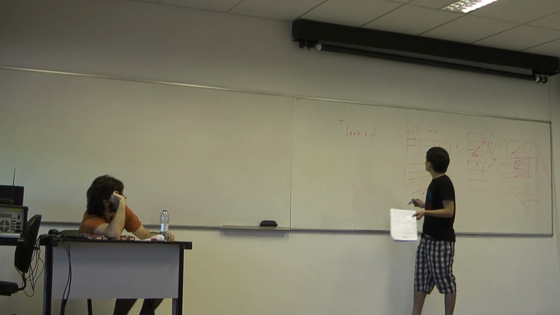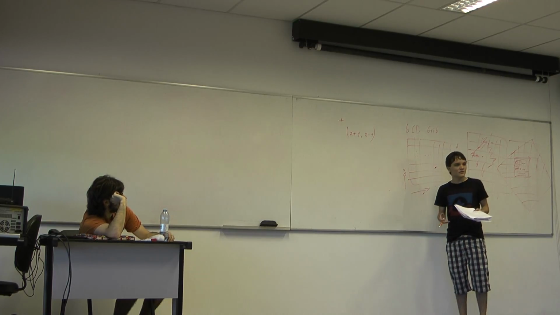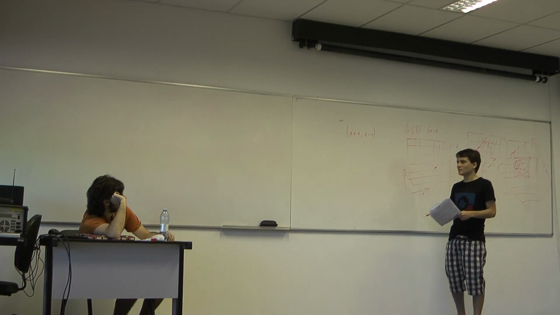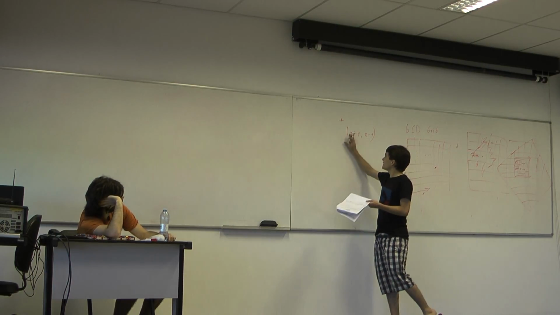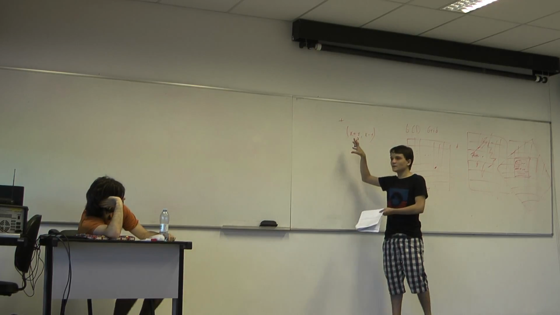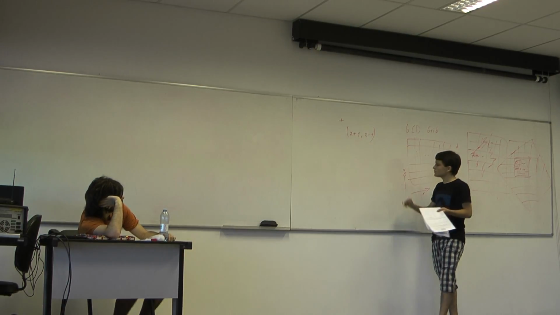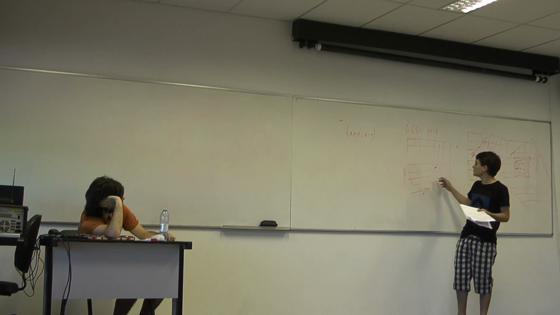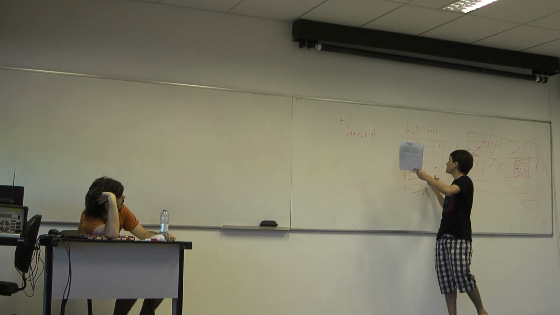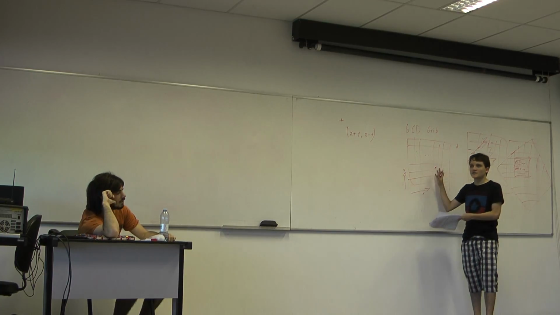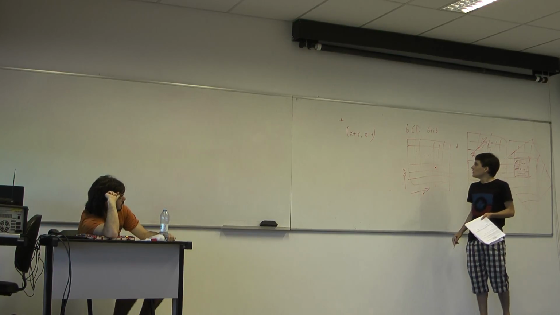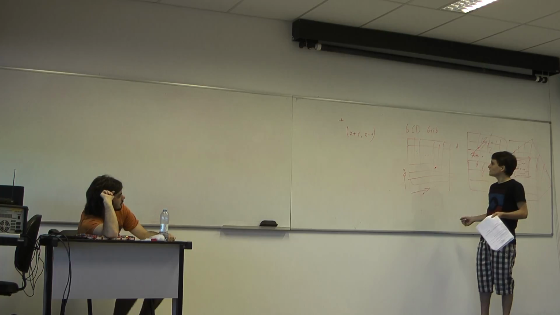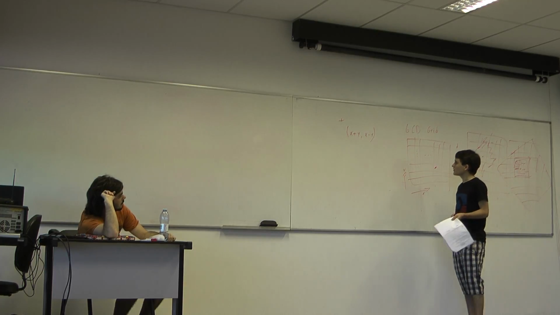But you can use a segment tree, a two-dimensional segment tree, right? So now you know how to rotate the grid, and all you need to do now is use a two-dimensional segment tree to calculate the GCD of some rectangle and to change some cell of the grid, right? Okay, so let's solve the problem, right?